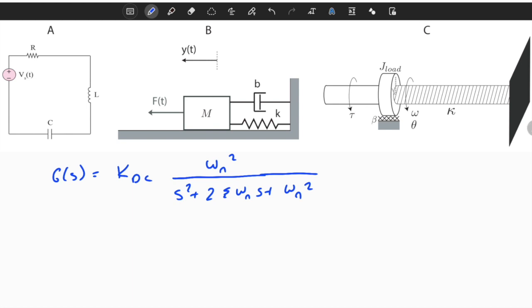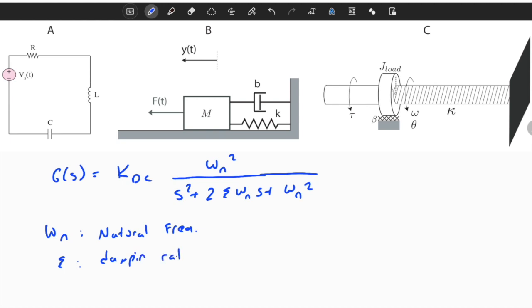The importance of this form is that omega n is called the natural frequency of the system, and psi or zeta is called the damping ratio.